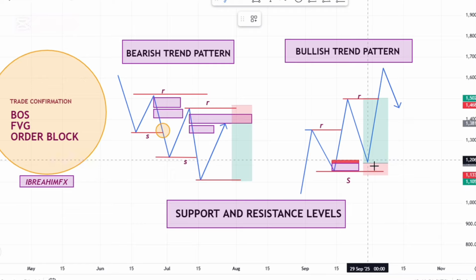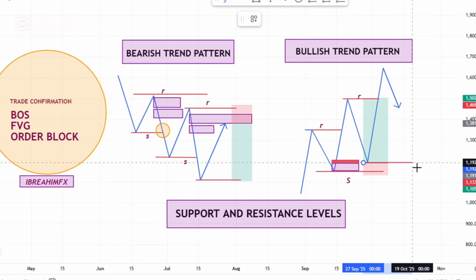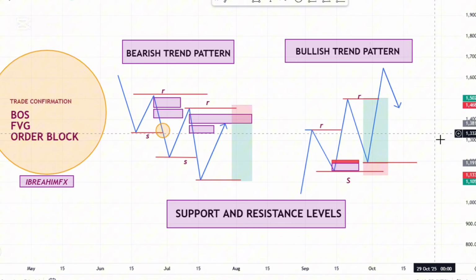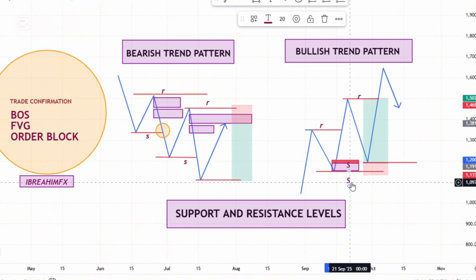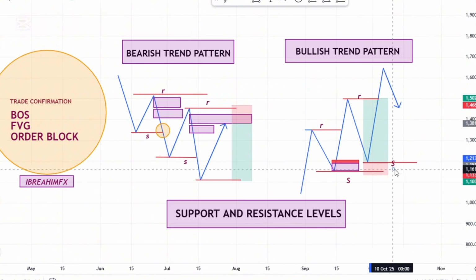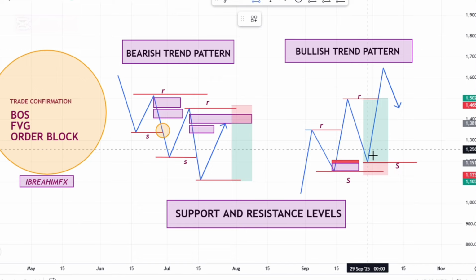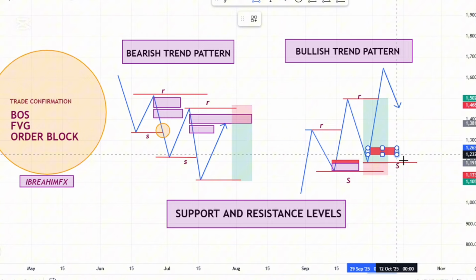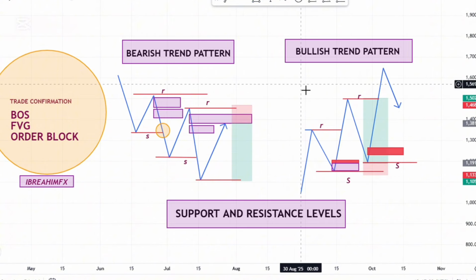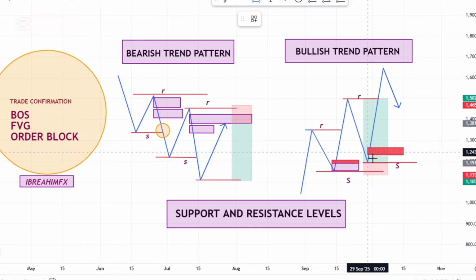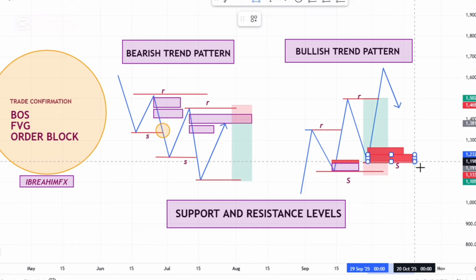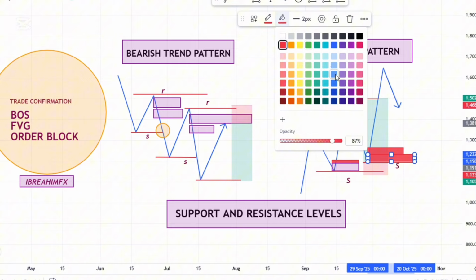After we have another support level right here, we have to find our fair value gap again, and our order block.